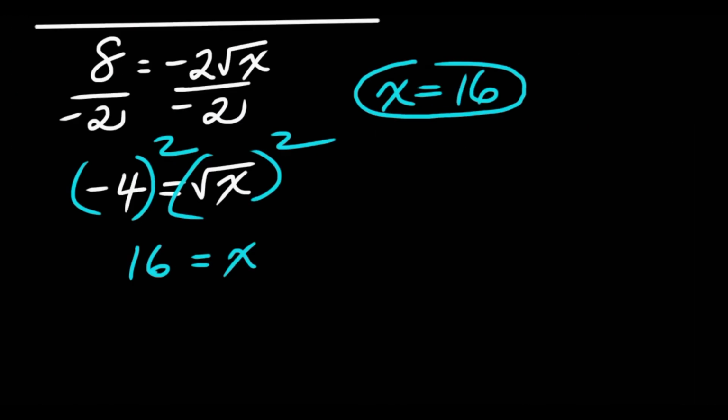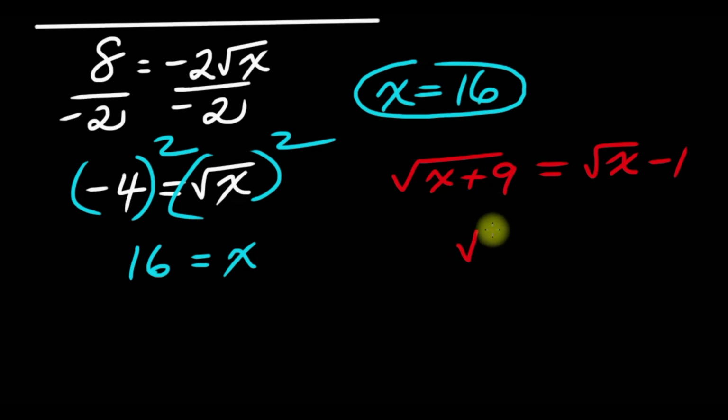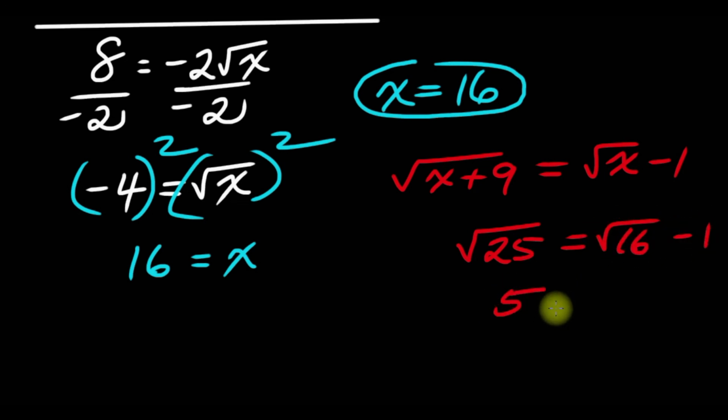So the original equation is square root of x plus 9 equals square root of x minus 1. So 16 plus 9 is 25. And then square root of 16 minus 1. So this would be 5.